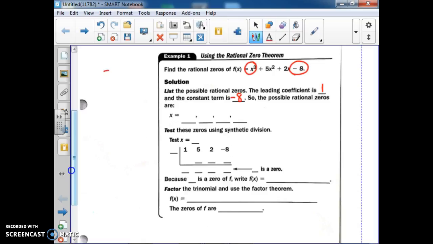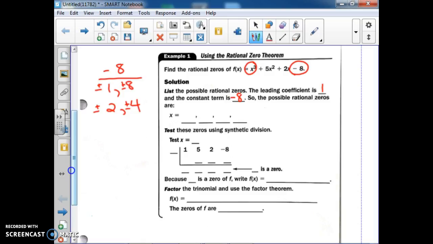Factors of -8. What makes -8? You got 1 and 8, or 2 and 4, right? What we're going to do when we list our rational zeros is we're going to add a plus or minus in front of all of them, because you could have a positive 8 and a -1, or you could have a positive 2 and a -4.